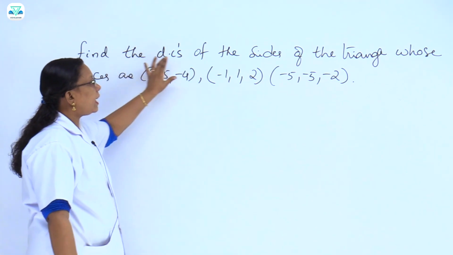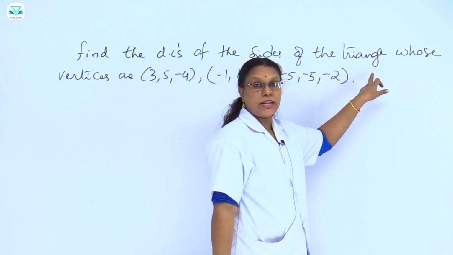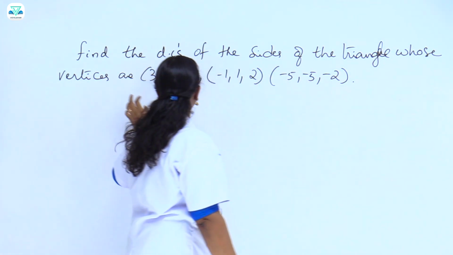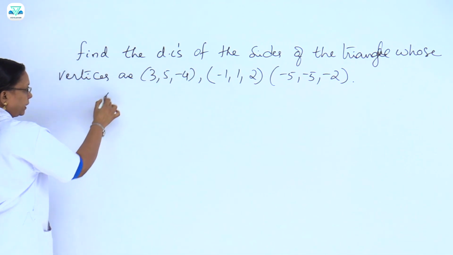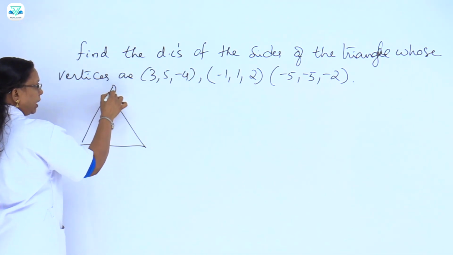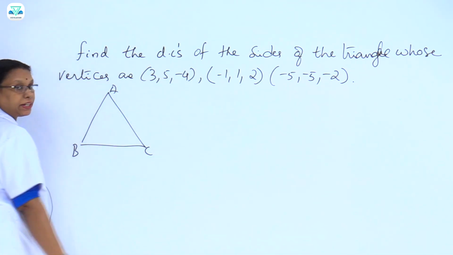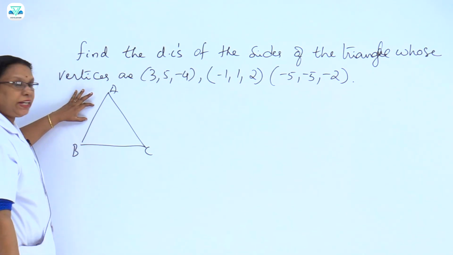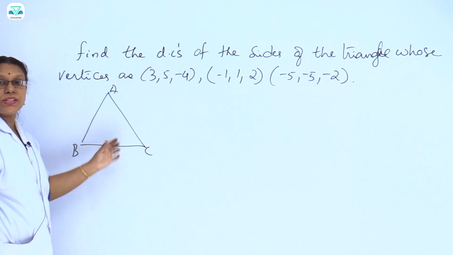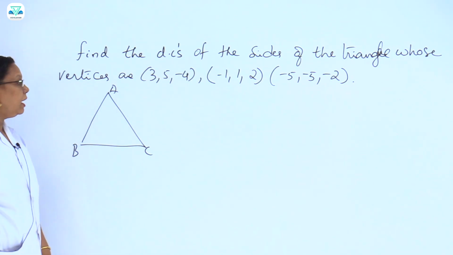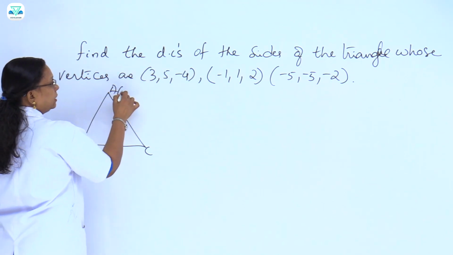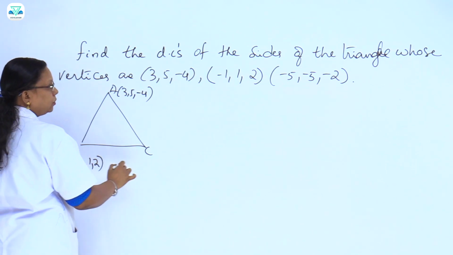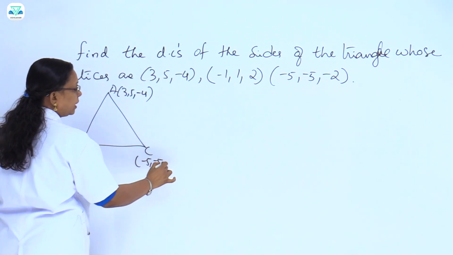The question says find the direction cosines of the sides of the triangle whose vertices are given. You can consider a triangle ABC. We need the direction cosines of AB, BC and AC, and for that we have the points 3, 5, minus 4, minus 1, 1, 2, minus 5, minus 2.